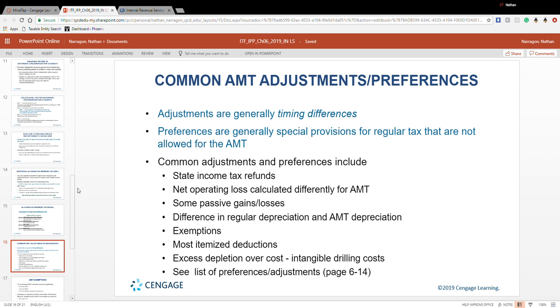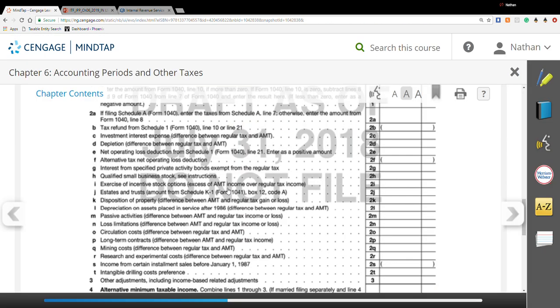Some passive gains and losses, differences in regular depreciation. Exemptions, itemized deductions, most of those we have to adjust. Excessive depletion over cost, intangible drilling cost, that's for oil and gas. And it says see the list of preferences and adjustments. You know what? It's easier just to look here.